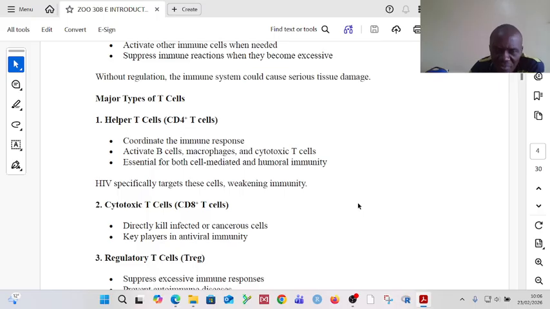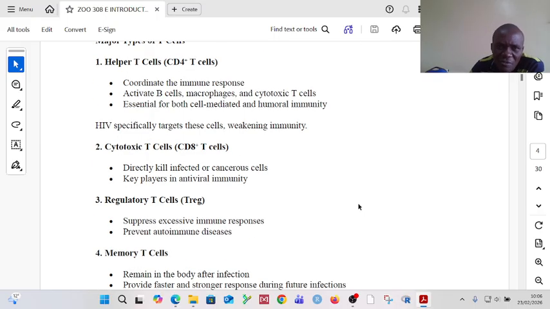The second type are the CD8 or the cytotoxic T cells. What the CD8 do, these are the ones that now directly kill cells that are either infected or abnormal. Okay. So these are the ones that will kill a CD4 cell if it has been infected, targeted by HIV.